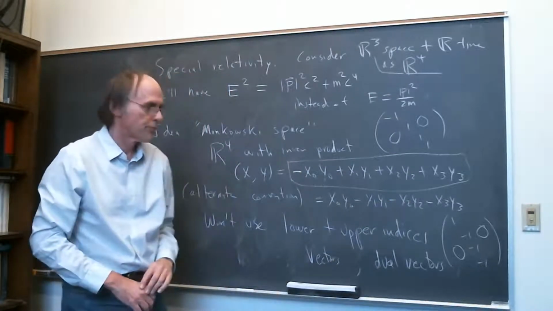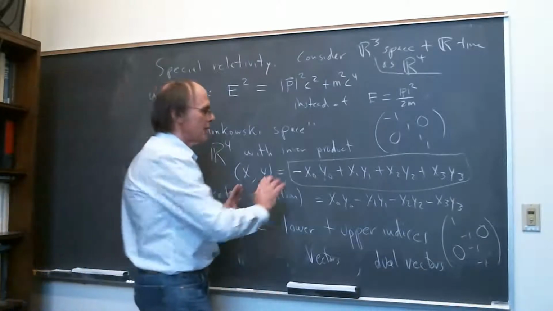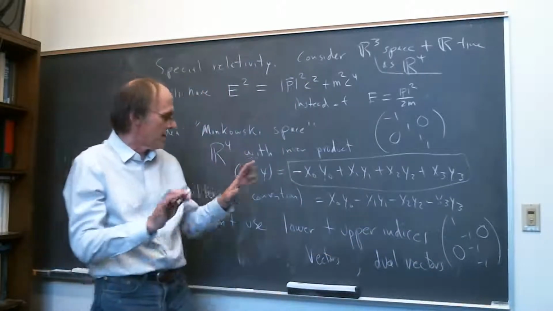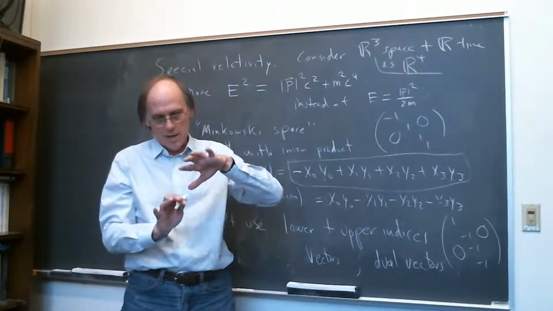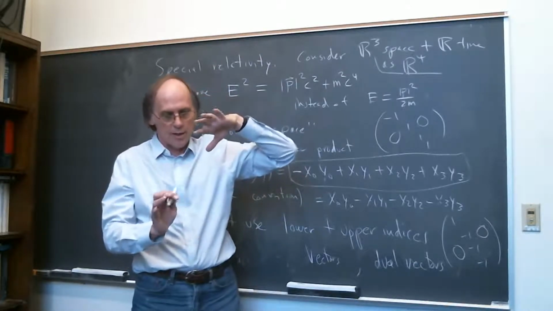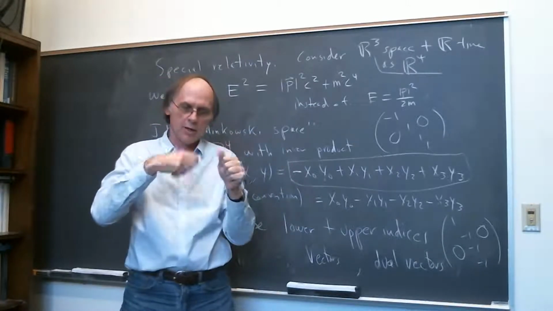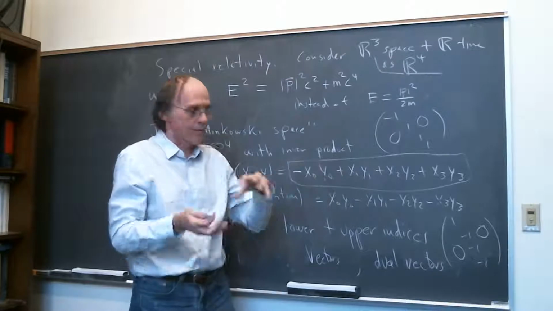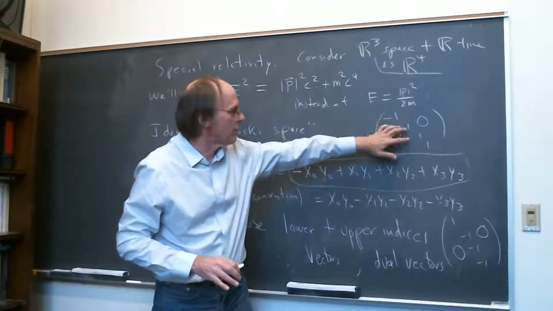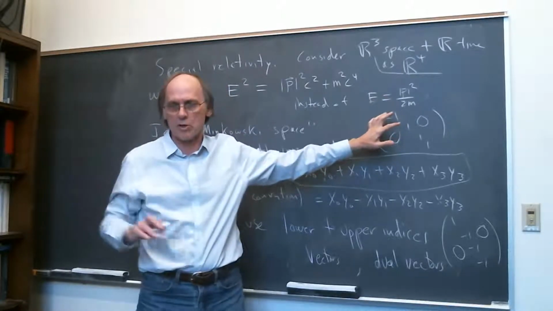The other motivation for adopting this kind of formalism is that if you have upper and lower indices that match, you can see when you're writing down expressions that are invariant under transformations that preserve these guys, which are the Lorentz group, which I'm going to talk about in a minute.